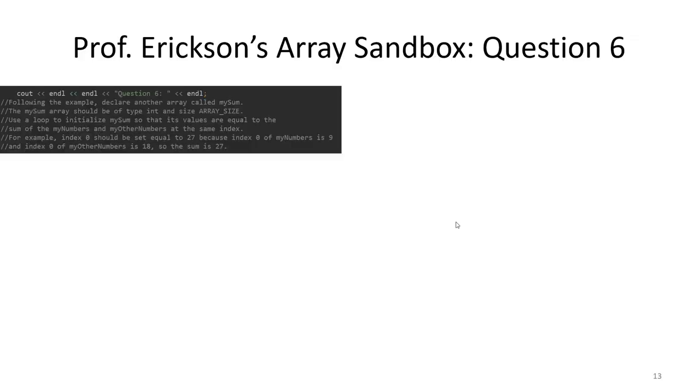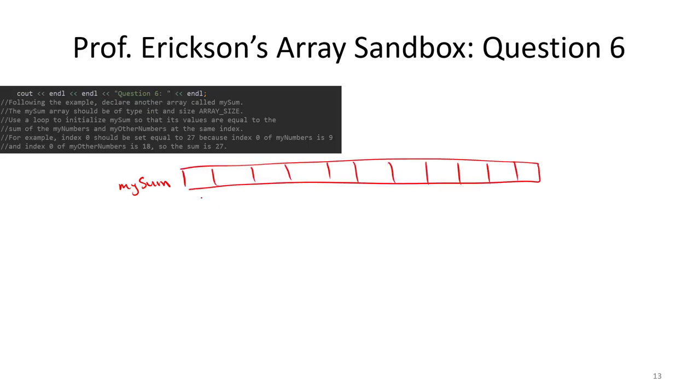In the last question of our array sandbox, we're asked to declare another array called mySum. MySum should be int type and size array size. So essentially what we're trying to do is declare an array called mySum, where each element of mySum is going to be myNumbers element i plus myOtherNumbers element i.